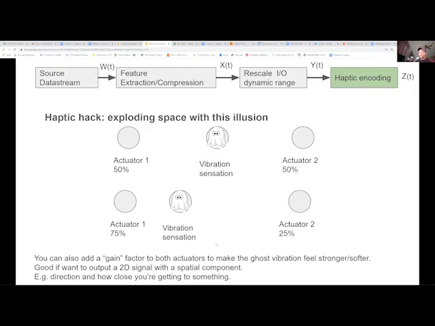Going back to the compass example, if you're headed in a specific direction and you want it to vibrate more strongly as you're getting closer to something, you can use this illusion to say where on the wrist is the direction that you're headed, towards that thing where you should go, and then how strong, and you can add this gain factor for how close you're getting to it.